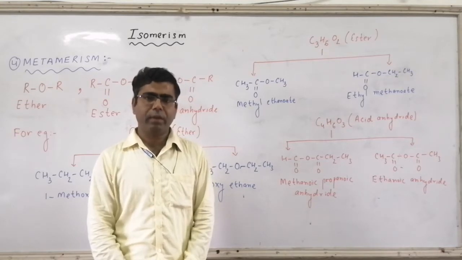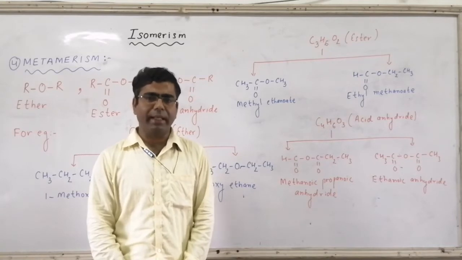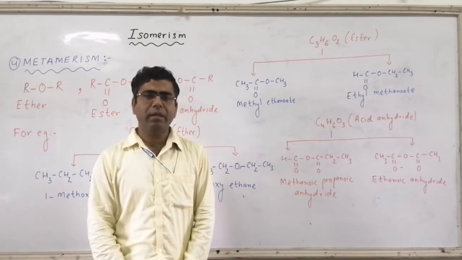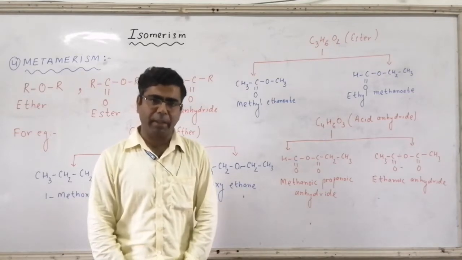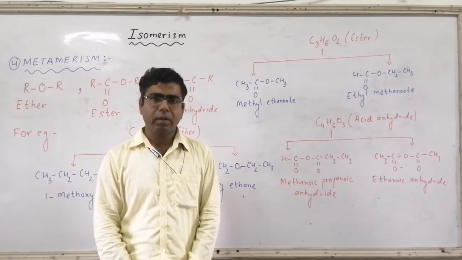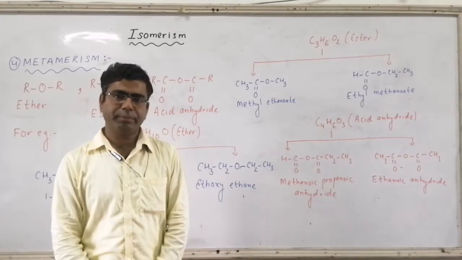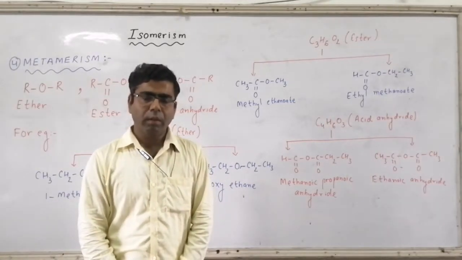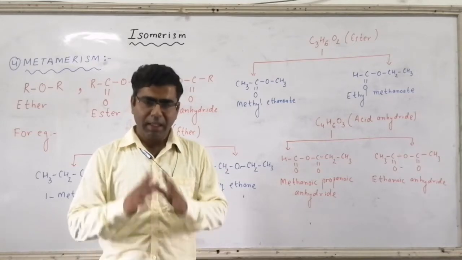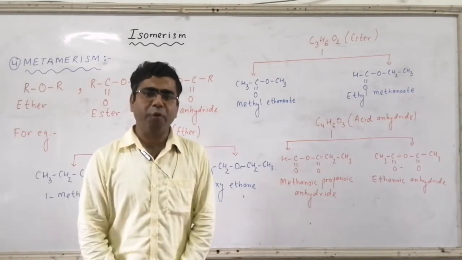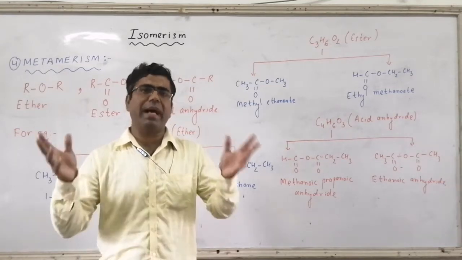Now today we will talk about the last 2 types, that is metamerism and tautomerism. So let us begin with metamerism. Metamerism is exhibited by those functional group in which the functional group is surrounded by alkyl group on both sides.